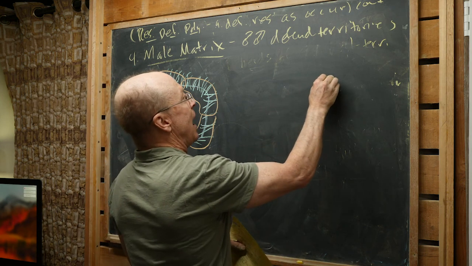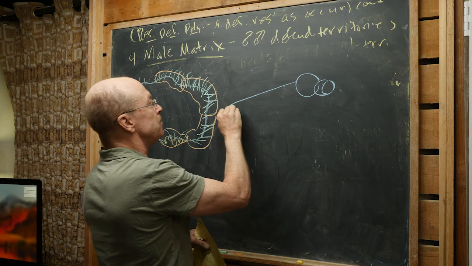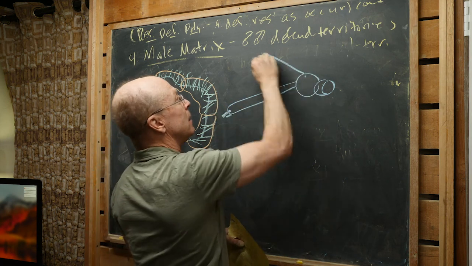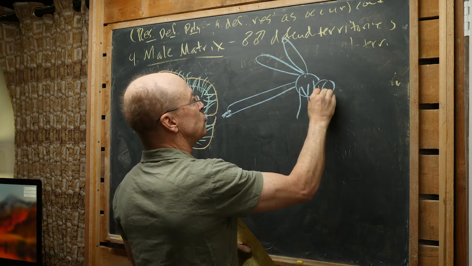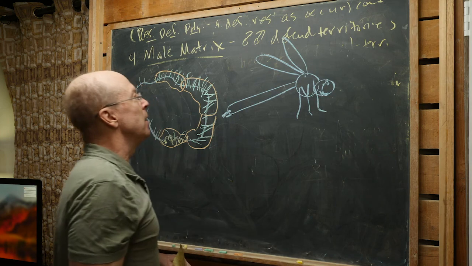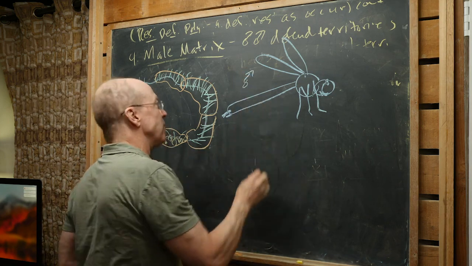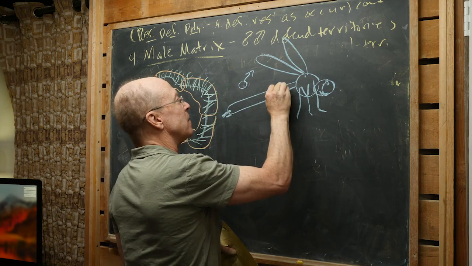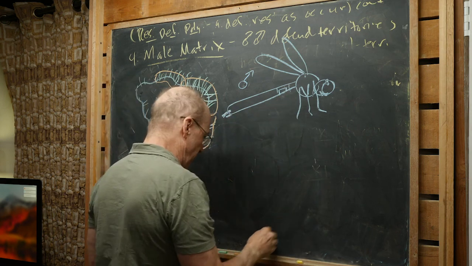So if you took a look at a dragonfly, it looks like this. That's kind of what a dragonfly looks like, and it's a predator. So here's the point about a dragonfly. This is a male dragonfly that I've drawn right here. And the male has something up here at the front of his abdomen that's called secondary genitalia.